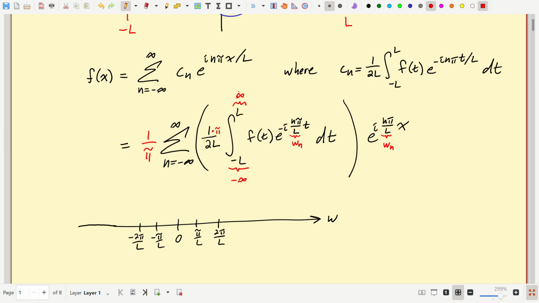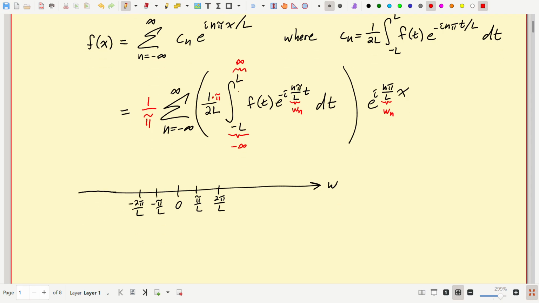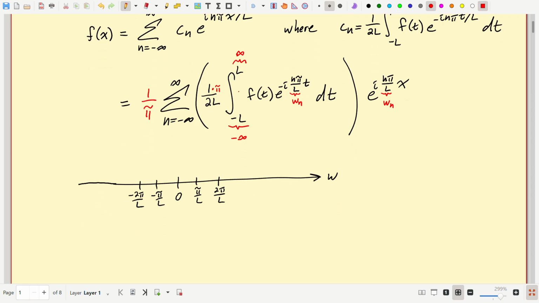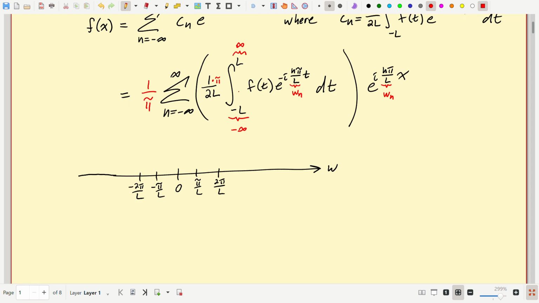Now when you stare at that for a minute, you can see that's an integral, if I think of the w_n's as the points in the Riemann sum, and pi over L is the delta w.